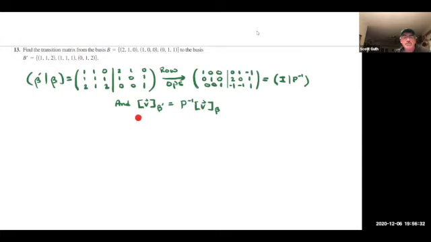To transform v from the beta representation to beta prime, you multiply P inverse times that vector to get the representation of v relative to beta prime. Okay, so that's the process. Pretty straightforward.